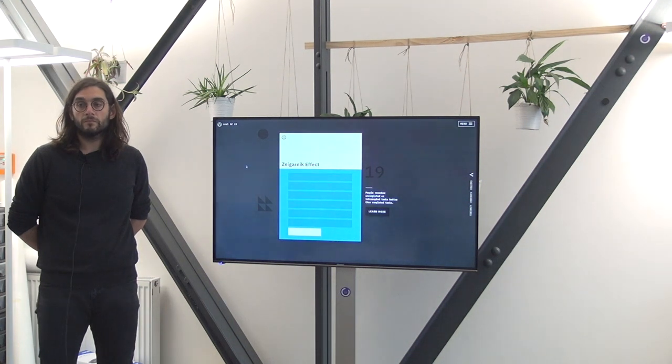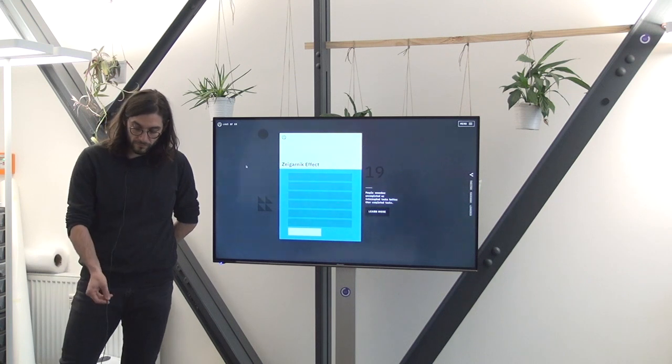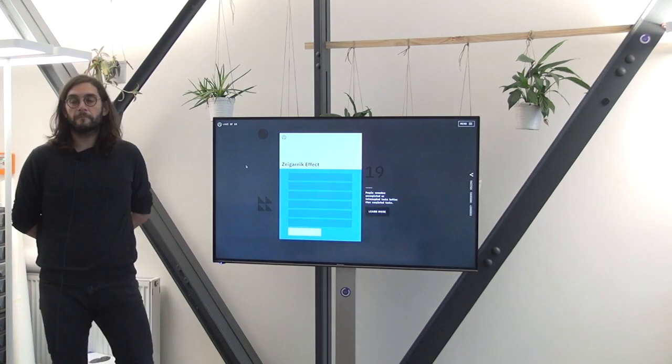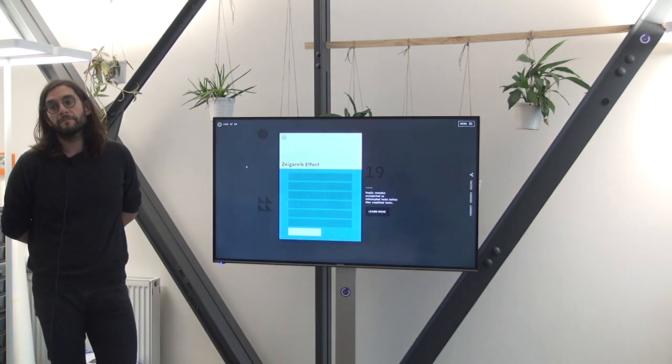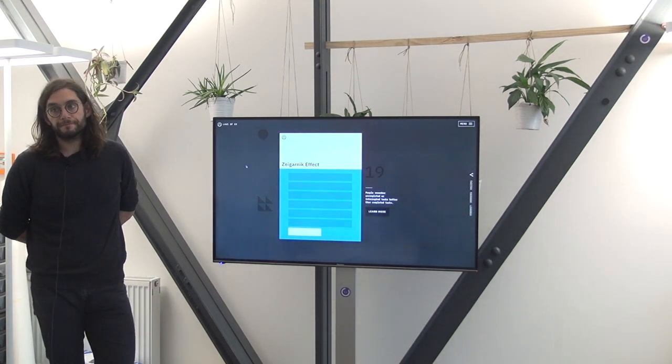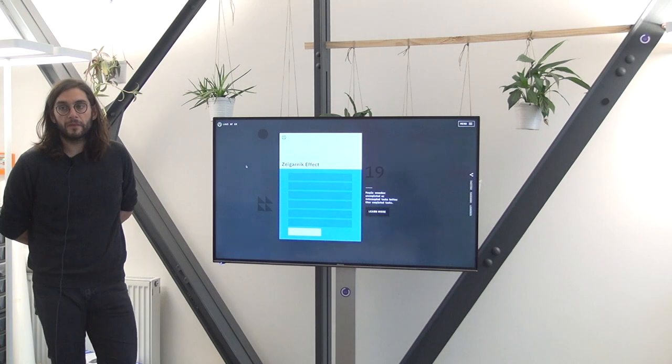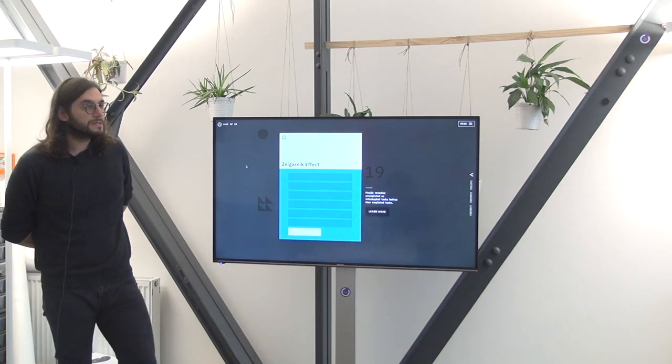I mean, would you recommend to validate each law for each design, or do we need to invalidate one law to create something new?